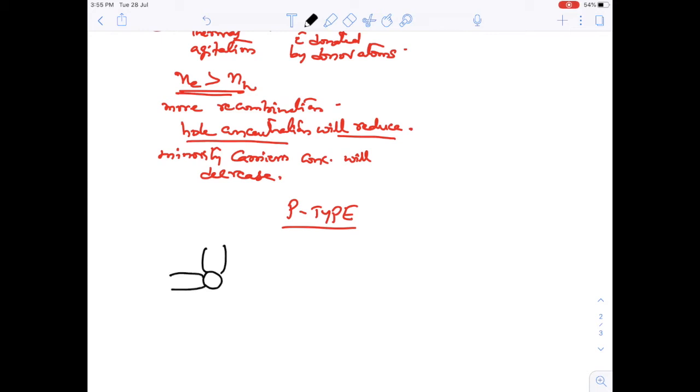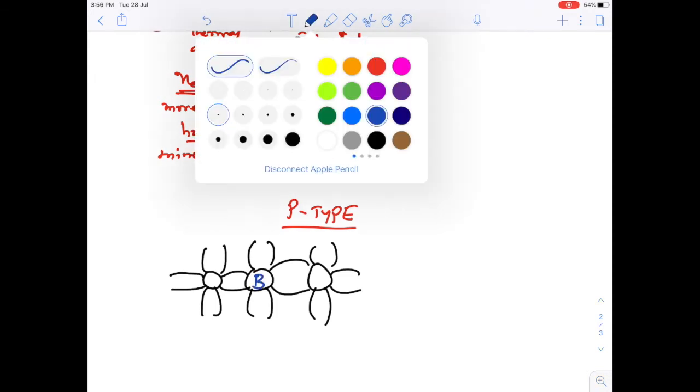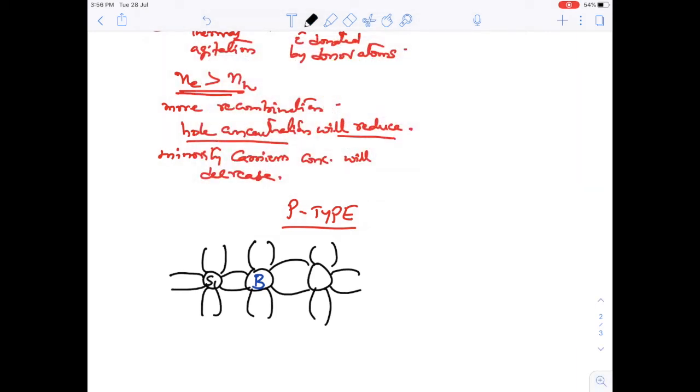We are going to add an impurity atom, which is a trivalent impurity atom, and therefore we will have a structure like this, where I will write this as boron, and here we will have silicon. So, here it is a trivalent impurity atom.